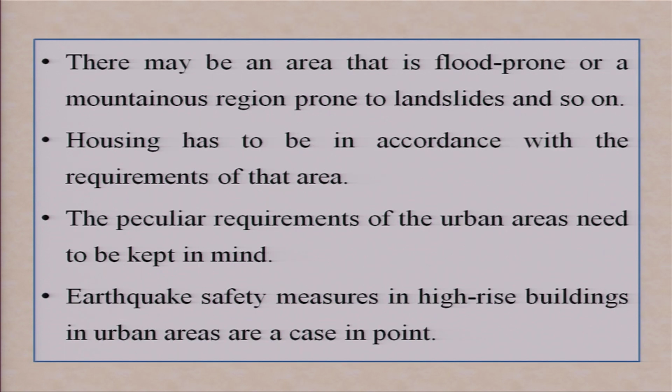First you have to see whether it is a flood-prone area or a mountainous region, because in a mountainous region you are prone to landslides. In the same way, housing has to be in accordance with the requirements of the area, and you have to see the peculiar requirements in urban areas and follow earthquake safety measures in high-risk buildings and urban areas.